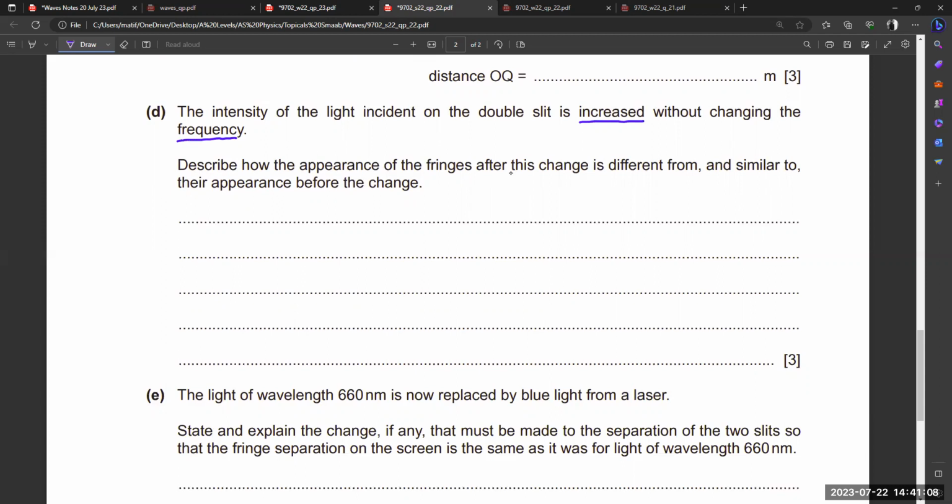Because we studied that for coherent sources, we need to have the same frequency and a constant phase difference. So that's why they are asking what happens if the intensity increases, and how the fringes may be different or similar compared to the initial stage, right?